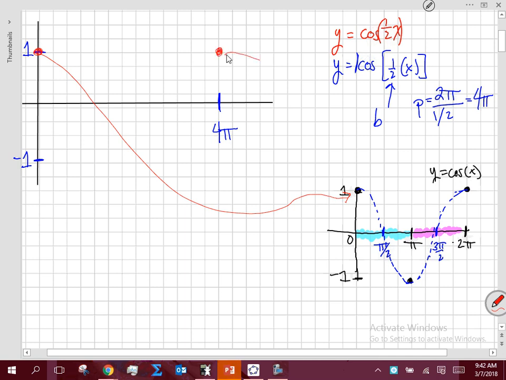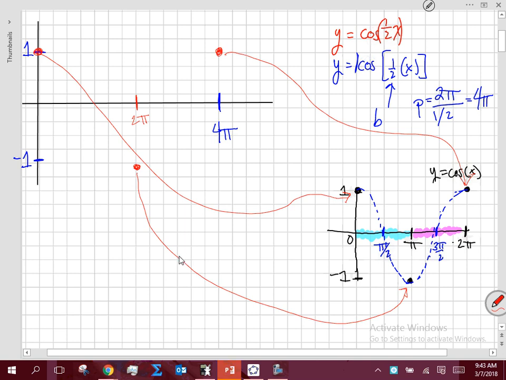So that point there corresponds to that one. What's going to be the halfway mark for 0 to 4 pi? 2 pi. And that's where we reach a minimum, right? So that point there corresponds to that one. This okay with everyone?